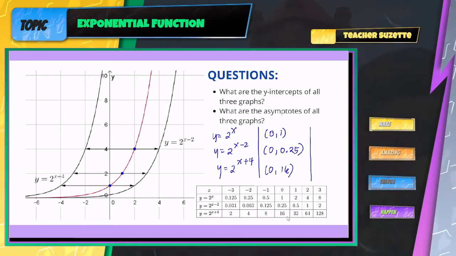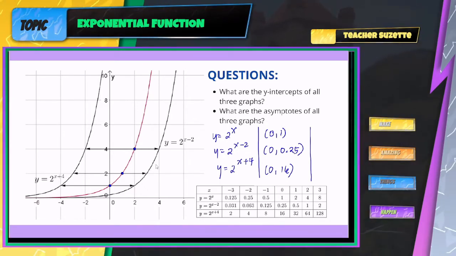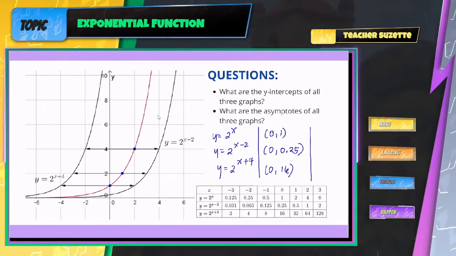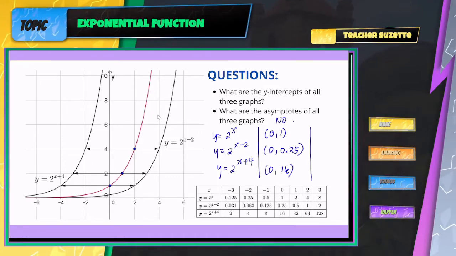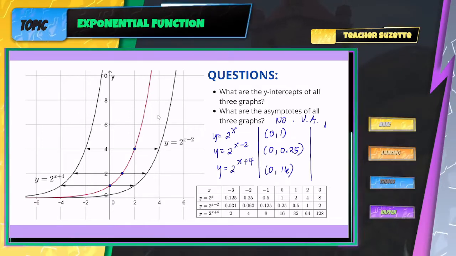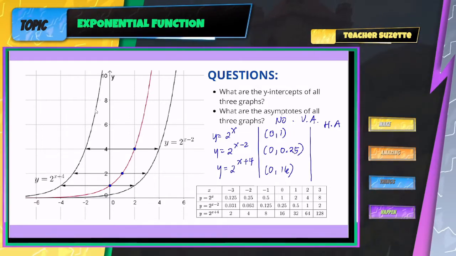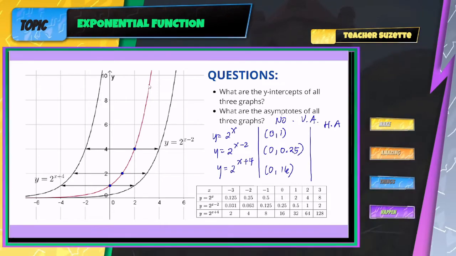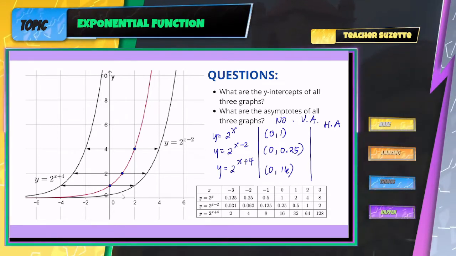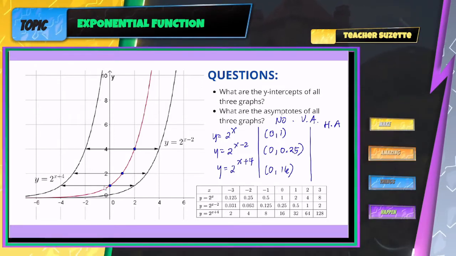Next, for our asymptote. So obviously, in our graph, again, wala po tayong vertical asymptote. But we have our horizontal asymptote. So, ayan, mapapansin mo na yung ating tatlong graph, as x decreases, the values of their y also decrease.